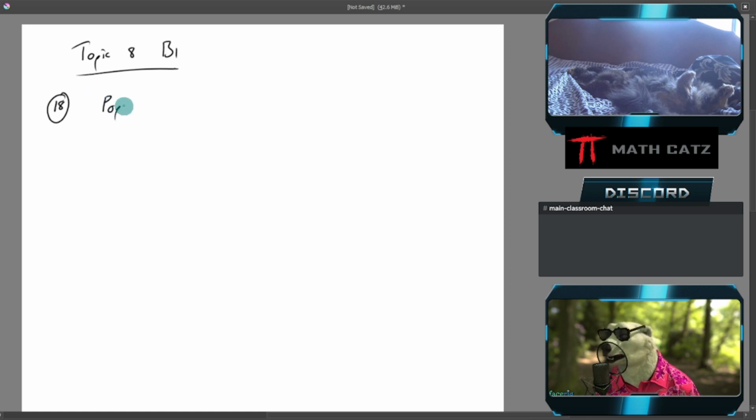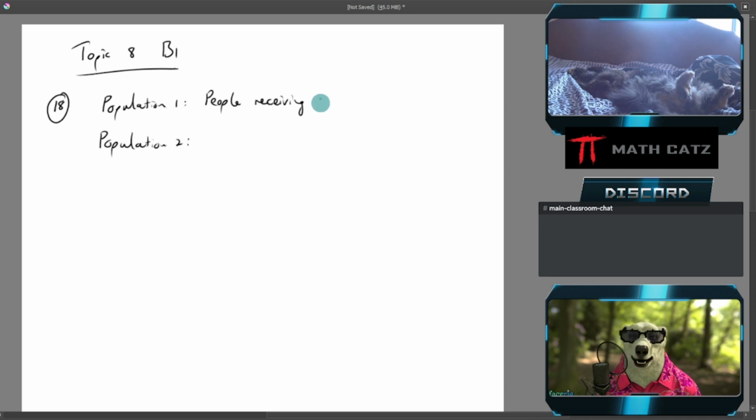Let's just be thorough and list our two populations as the book suggests that we are comparing. So population 1 will look at people that receive the instructional program.